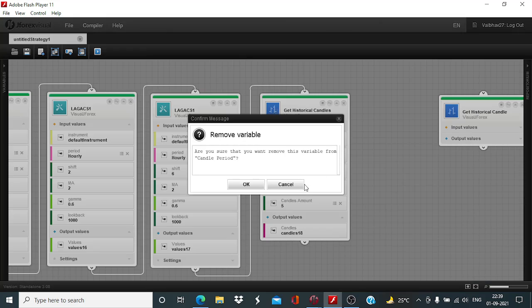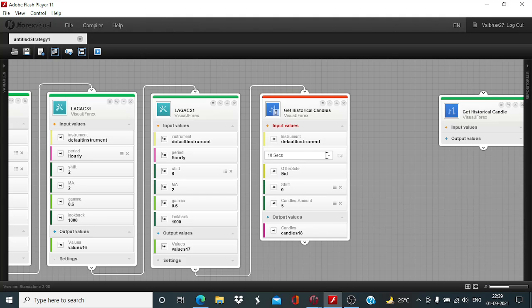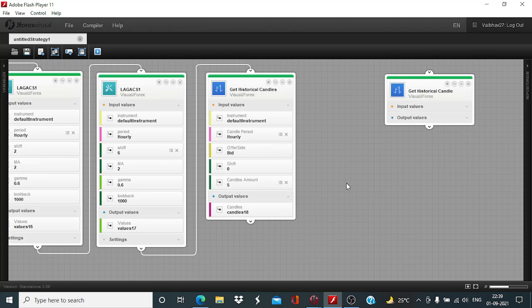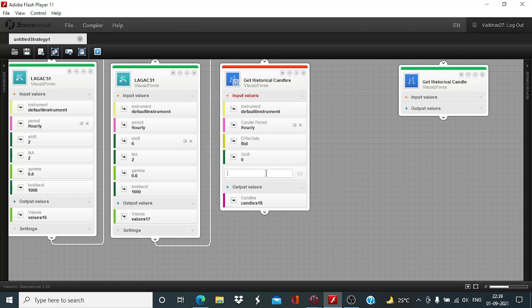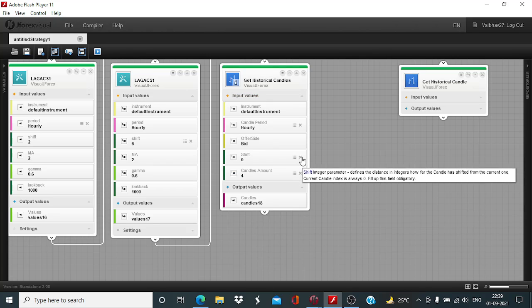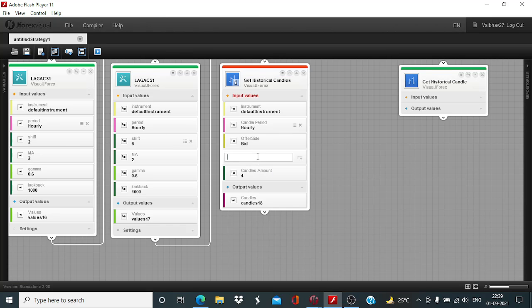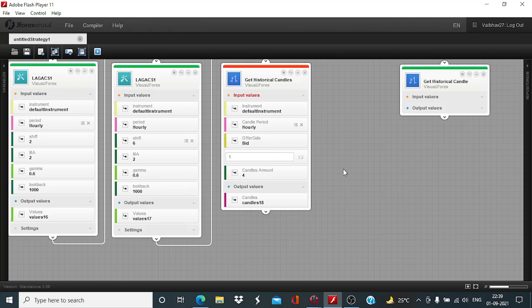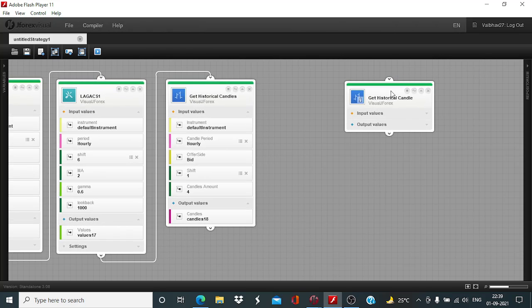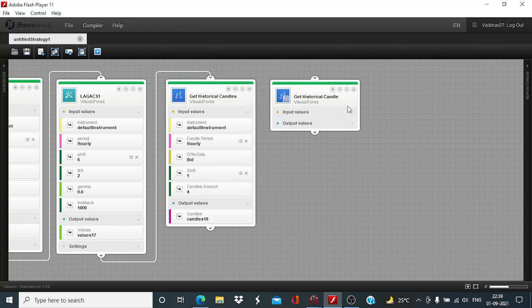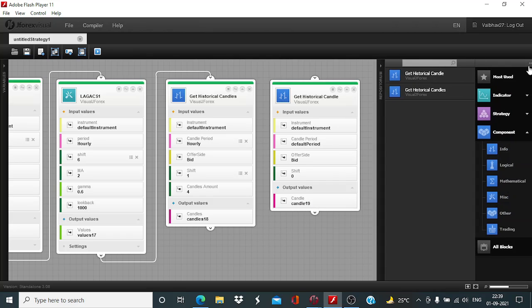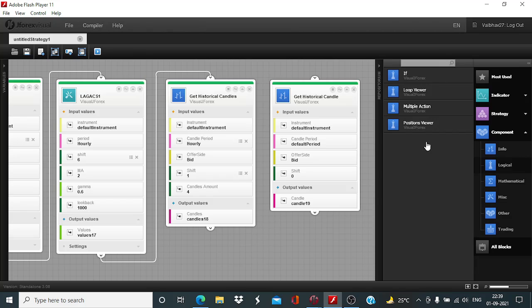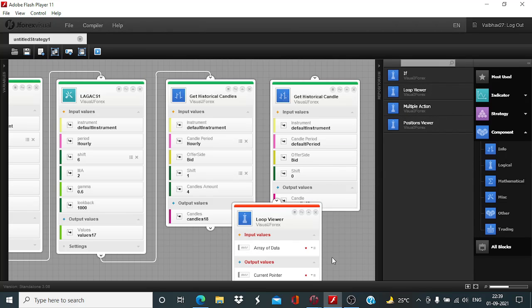I will change the candle period to hourly, and the candle amount will be changed to 4. I will get the look back period as 1. Loop viewer is amongst the logical blocks. Here it is. It will need to be added.